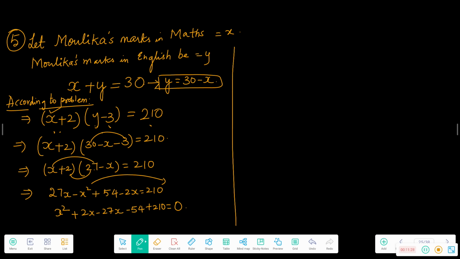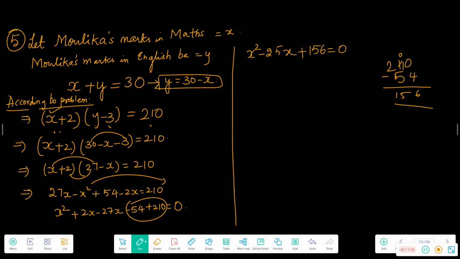So we get x square minus 25x plus 156 is equal to 0.